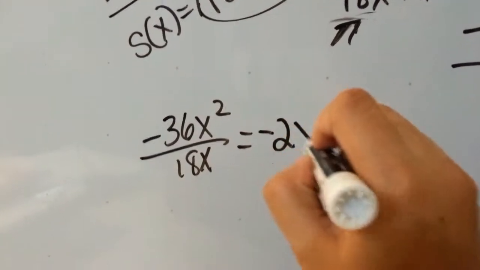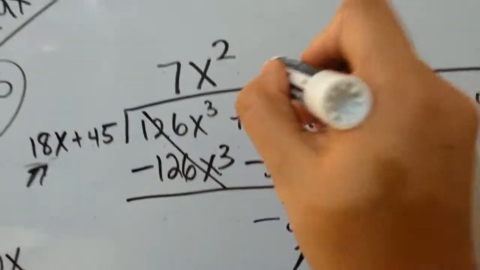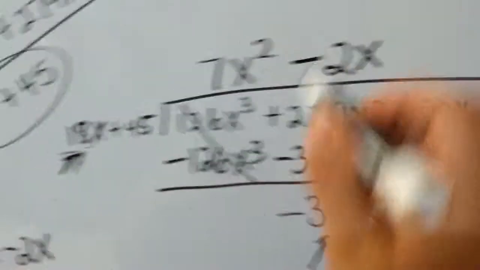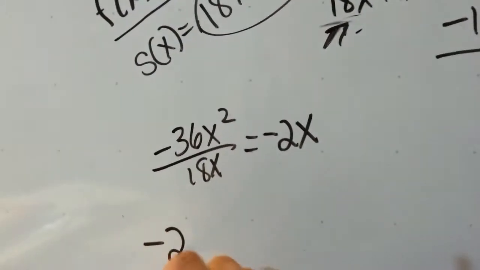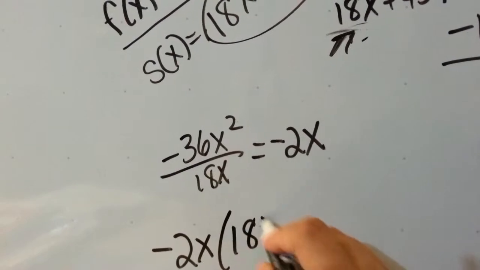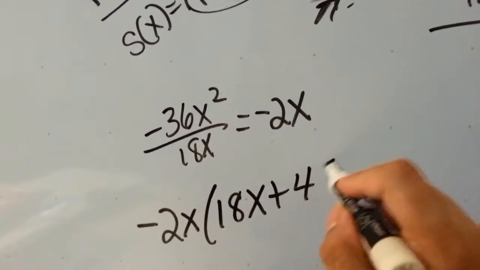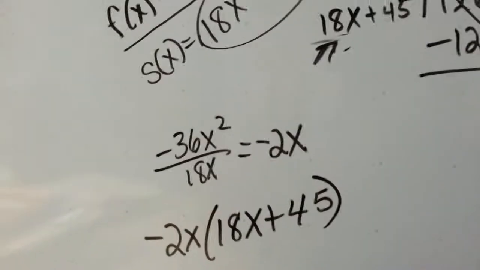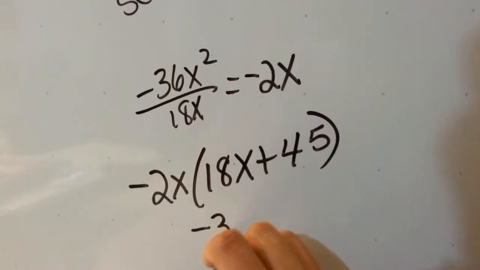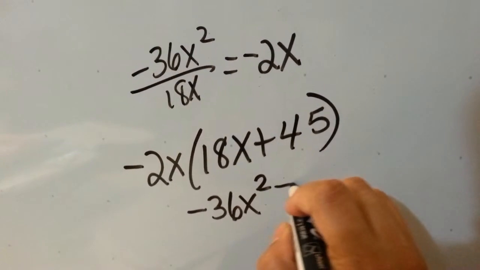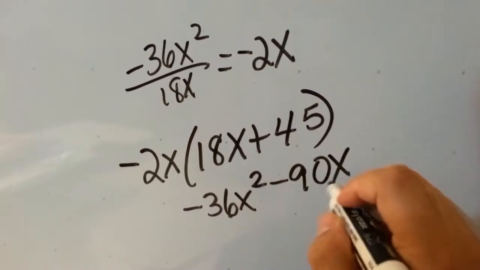We need a negative 2x. Alright, so then we say negative 2x times this, and we get negative 36x squared minus 90x.